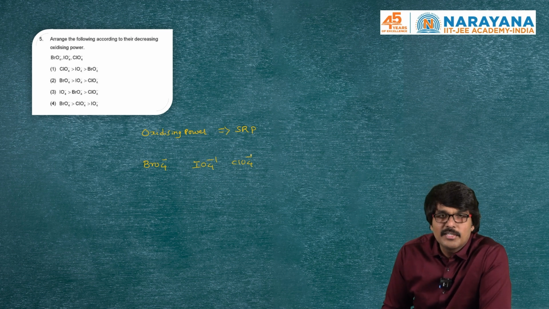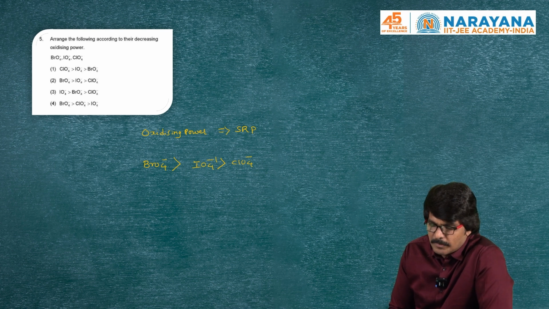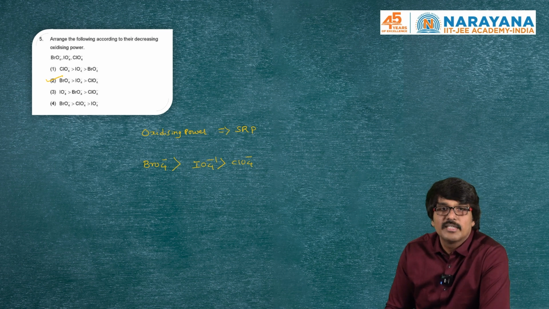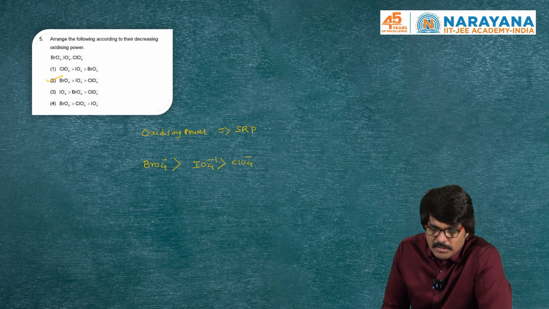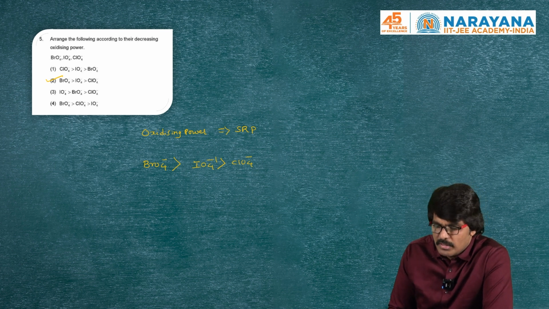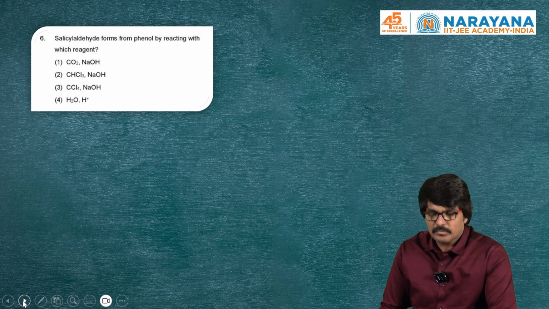Purely this question is based on data, and SRP values order is like this: BrO4 minus is greater than IO4 minus is greater than ClO4 minus. So based on that, the answer to the question is the second option. So oxidizing power depends on standard reduction potentials.